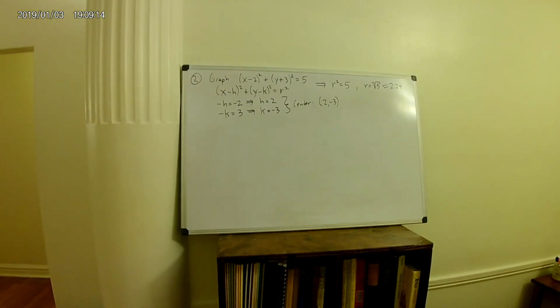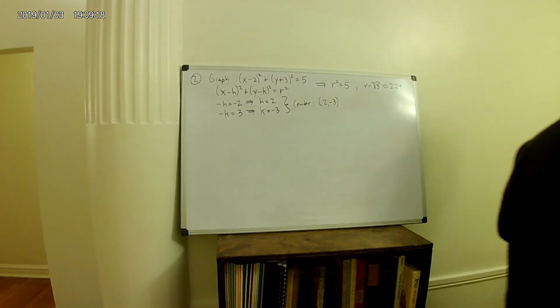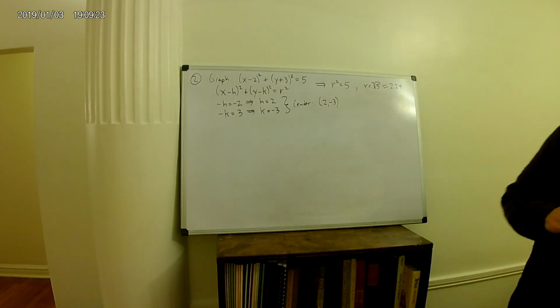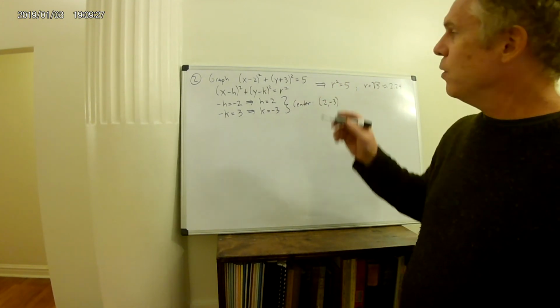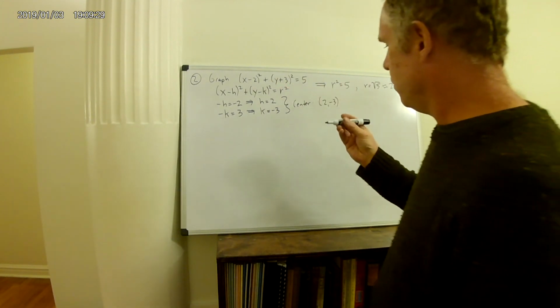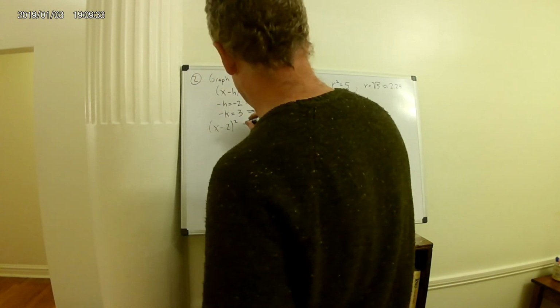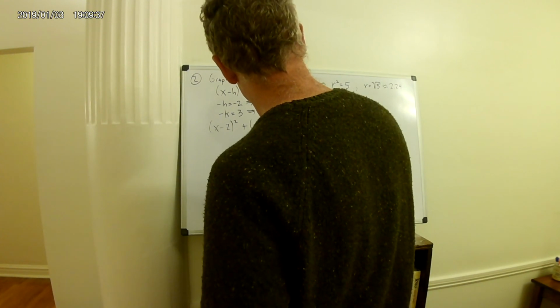We're going to do one more example problem. And before I do the third example problem, I'm going to take this equation of this circle and actually square this out. So let's look at this equation. We have x minus 2 squared plus y plus 3 squared equals 5.